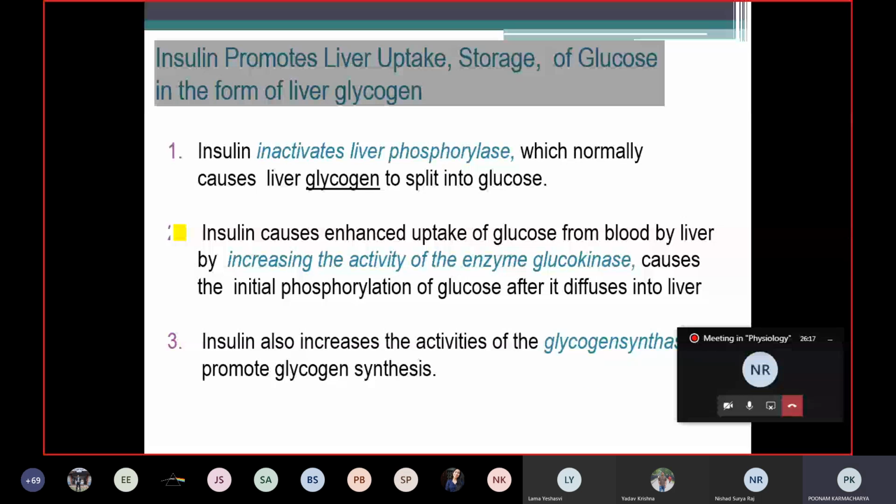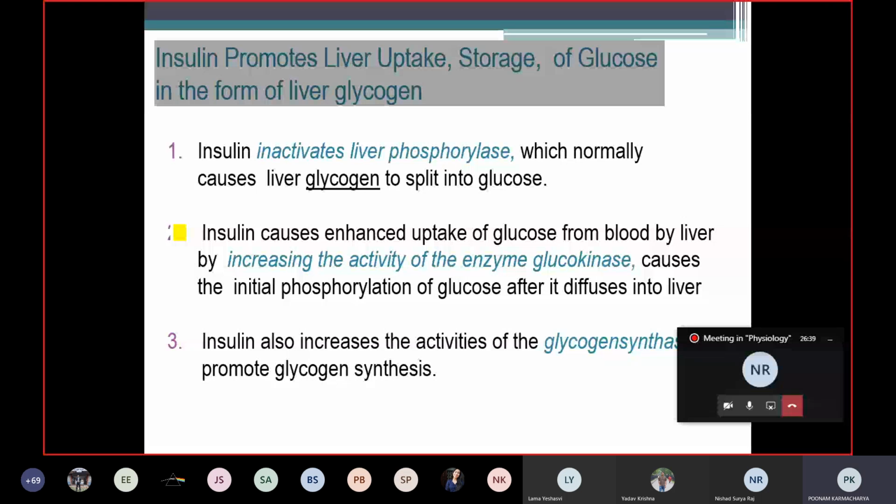Insulin also increases the activity of glycogen synthase, which promotes glycogen synthesis. So insulin is working at three levels. First, it prevents the glycogen already present in the muscle or the liver from being broken down, by inactivating phosphorylase.